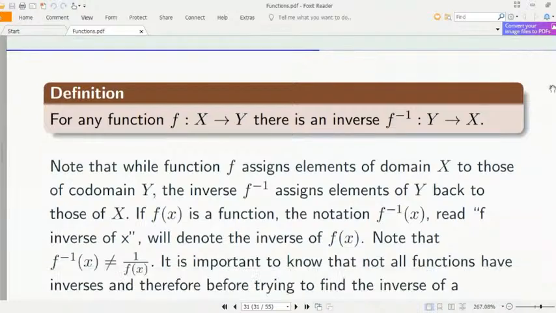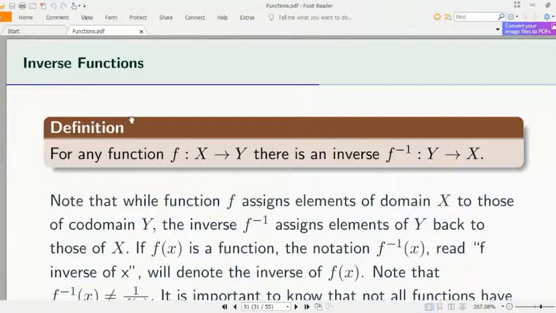I want to teach you about inverse functions. What we know about the inverse function is that, for instance, if f was assigning elements of x to those of y, then the inverse of f will be that function which assigns elements of y back to those of x.